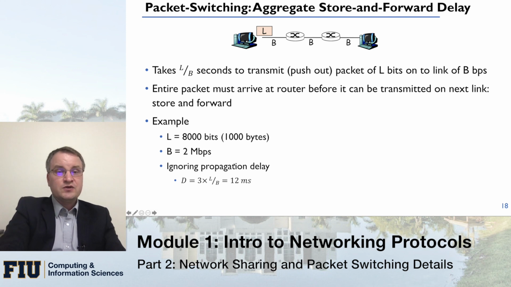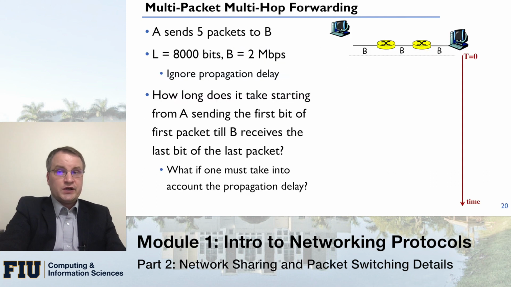So the overall cost was only 5 packets, the amount of time you have to spend on putting all this data into the wire anyway, plus only 2 additional things. Those 2 additional things were effectively introduced by the additional links over which we have to transmit the packet. And all the rest of the process was pipelined, and everything was fairly quick.